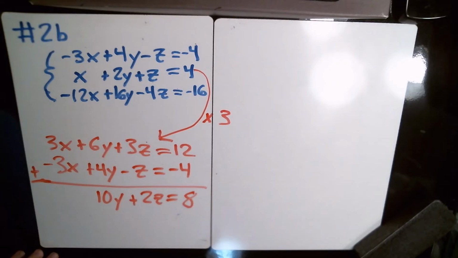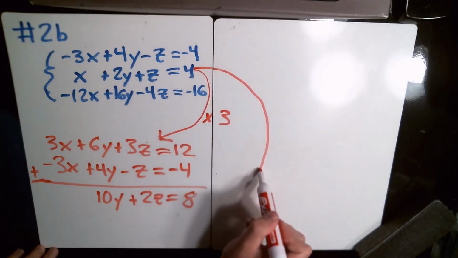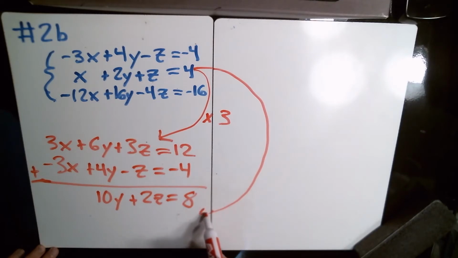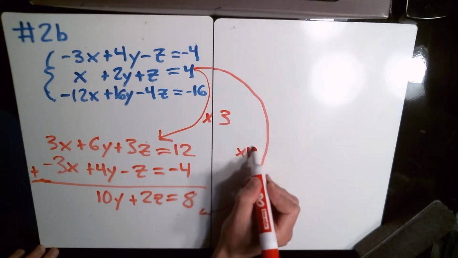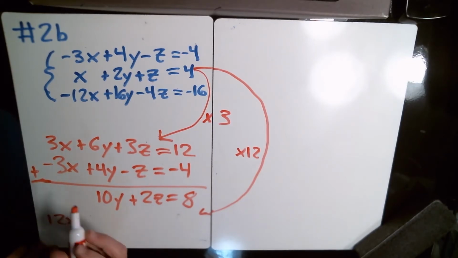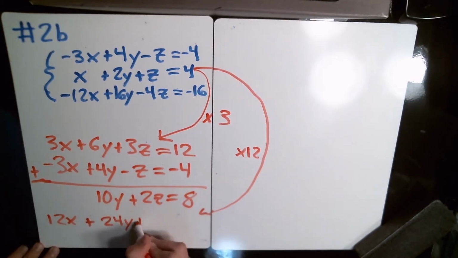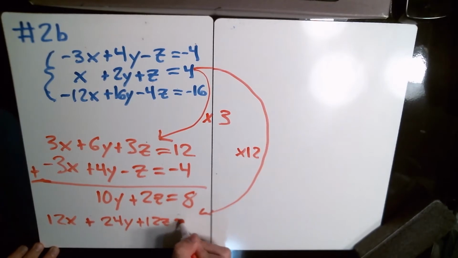Now, to get rid of the x's in the third equation, I'm going to take the middle equation and multiply it by 12. So I get 12x plus 24y plus 12z is 48.